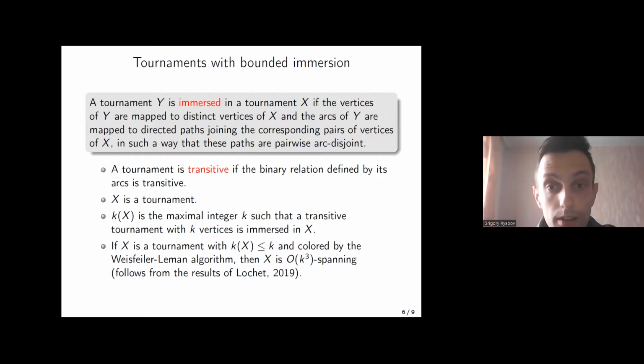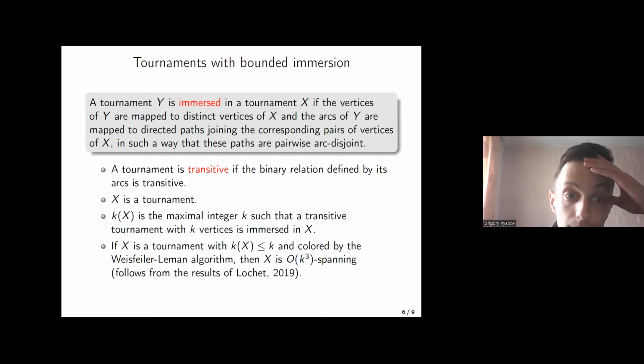And one more easy definition: a tournament is said to be transitive if the binary relation defined by its arcs is transitive. And now let us construct our examples of k-spanning tournaments. Let X be a tournament.